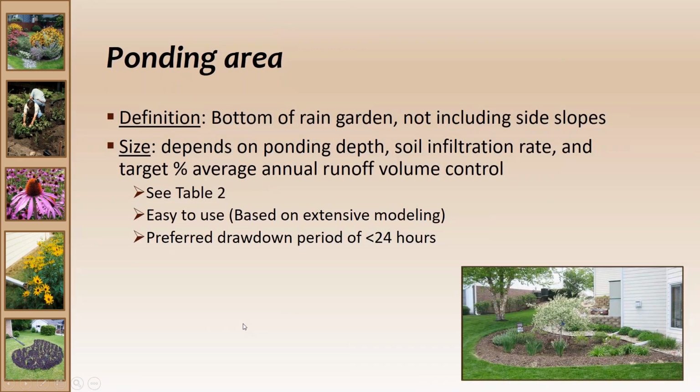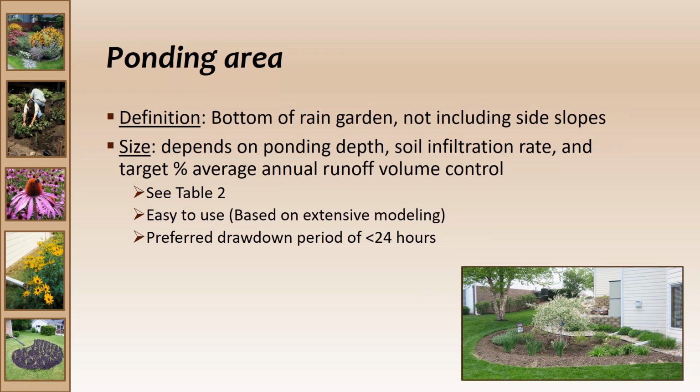So first we'll talk about the ponding area, which, as I mentioned, is the bottom of the rain garden, not including the side slopes. And we spent a lot of time on sizing the ponding area. The ponding area depends on three factors: the depth of the ponding, the soil infiltration rate, and then the target percent of average annual runoff volume that you're shooting for.